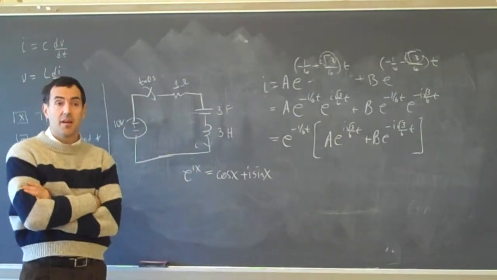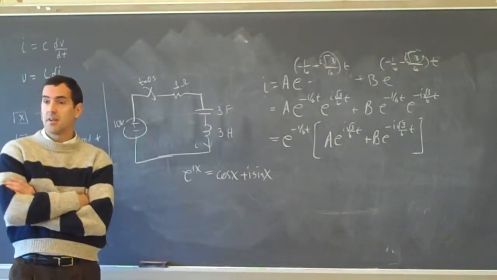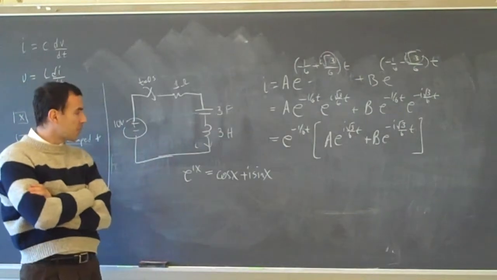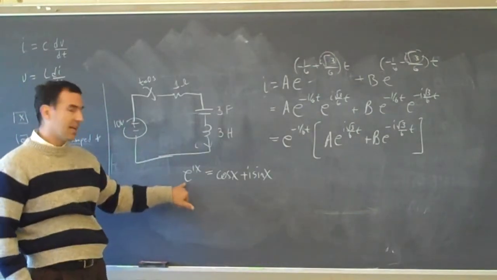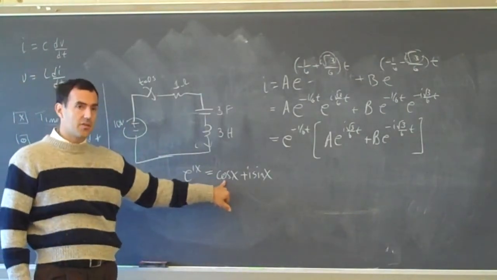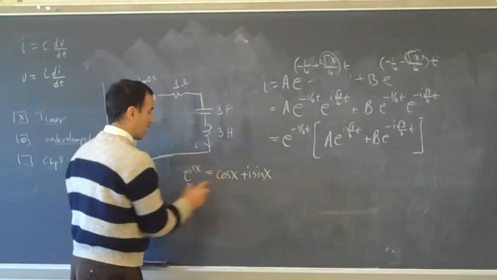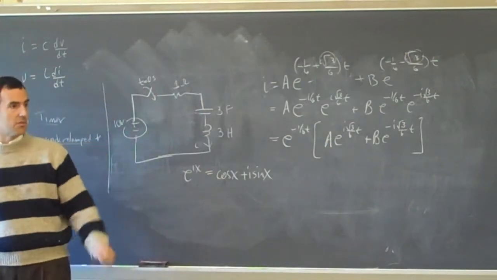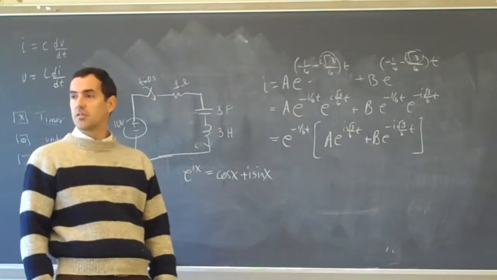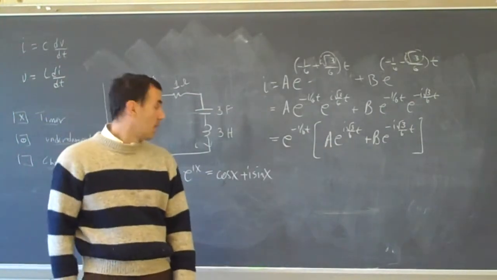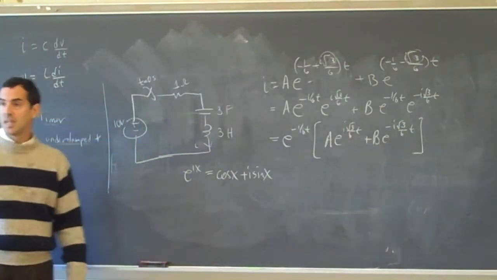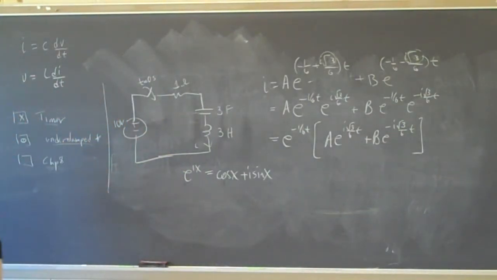For time reasons, I want to get a certain amount of stuff done in 40 minutes, so I'm going to skip that proof for now. It involves writing a Taylor series for e to the ix, a Taylor series for cosine x, and a Taylor series for sine x. Show that if I add those two Taylor series together, I get that. You can prove it. It's a good review of Taylor series. You still may do it. But for now, let's just take this as already accepted.